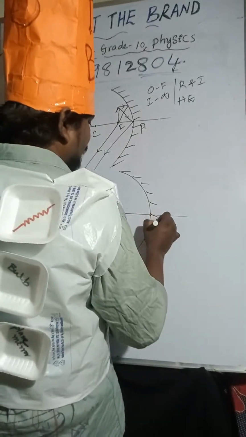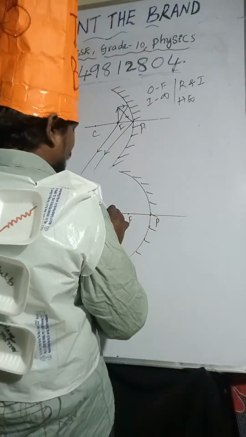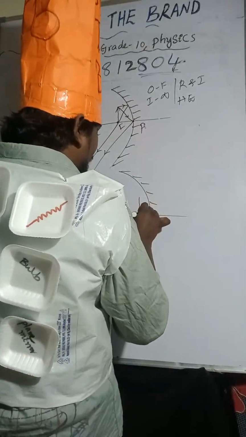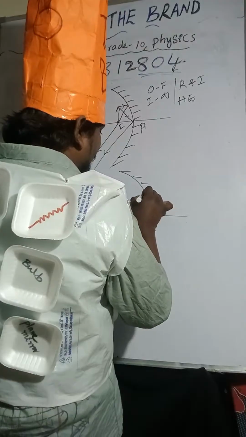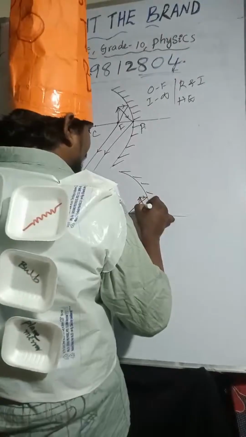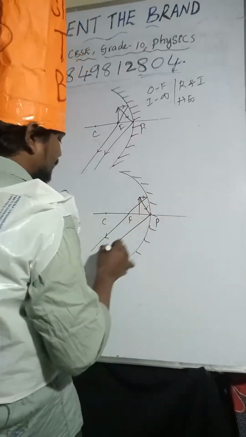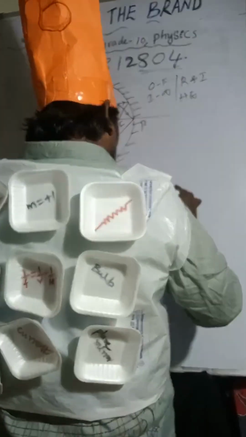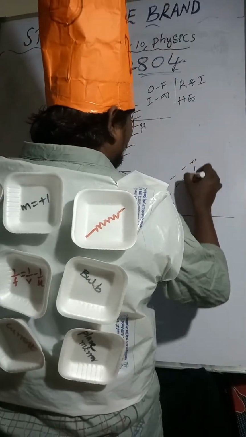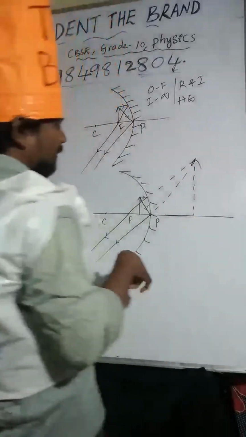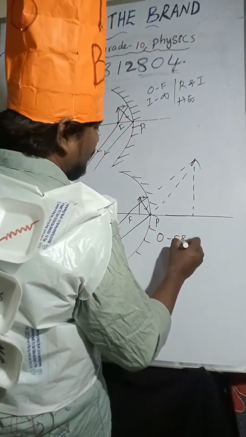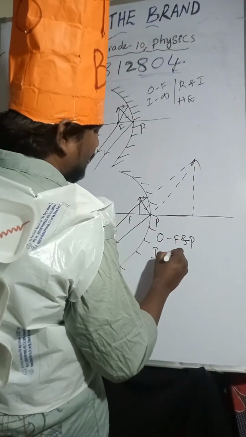So pole, focus, center of curvature, object is placed between F and P. One light ray I am taking like this, it passes through focus. Another light ray is incident at the pole, it reflects. So we are extending these light rays. These light rays are meeting here. Object is placed between F and P. Image is forming behind the mirror.